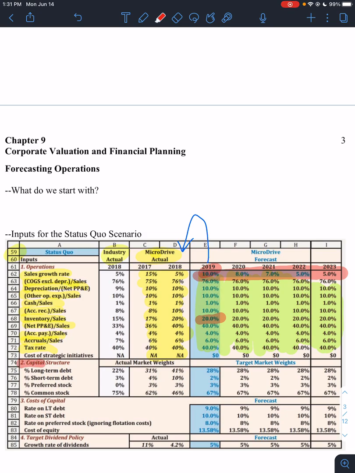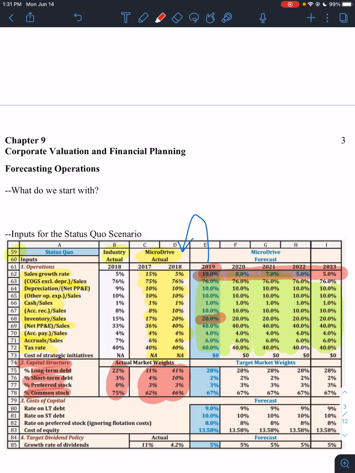In panel 2 down here, they give you some information about capital structure. So same thing. Here's the actual industry data. Here's the actual data for the company for 2017 and 2018 in columns C and D. And then basically they have their target here for the weights of the capital sources, so their percentage of long-term debt, short-term debt, preferred stock, and common, right?